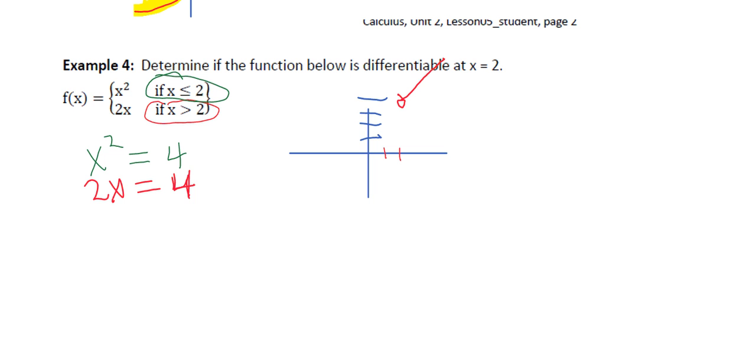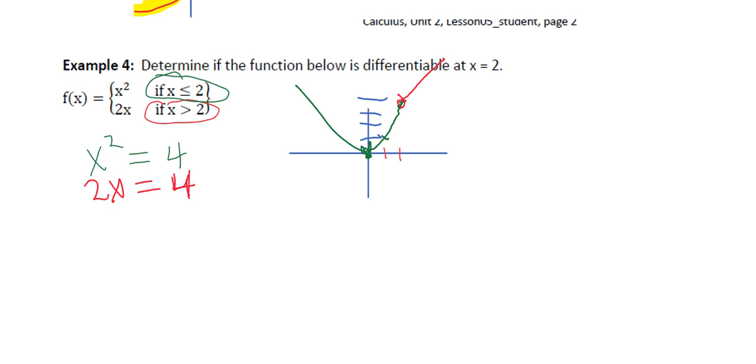So of course you could plug in some values. 0 squared would be 0, so it passes through the origin, and at 1 it would equal 1, so we have a spot there, and of course at 2 it equals 4, which we know is continuous. So we have a graph that goes out like this, and just by looking at the graph, it is not differentiable because it's not smooth.